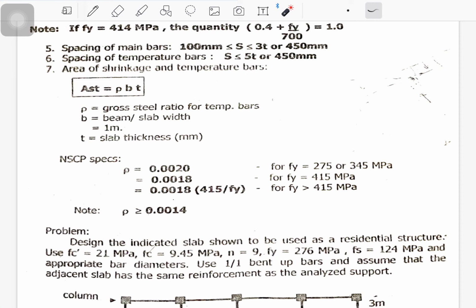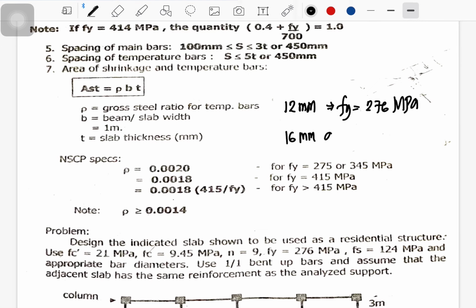Since in the 2015 code, if the bar is 12 mm and below, your Fy should be 276 megapascal, and for 16 mm and above, you will use Fy equal to 414.